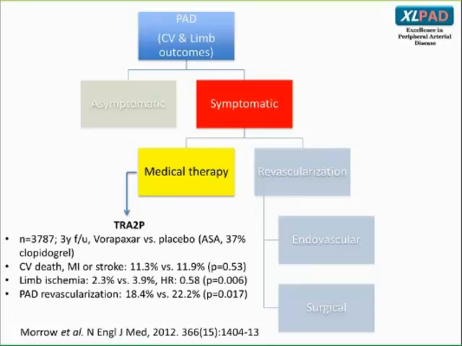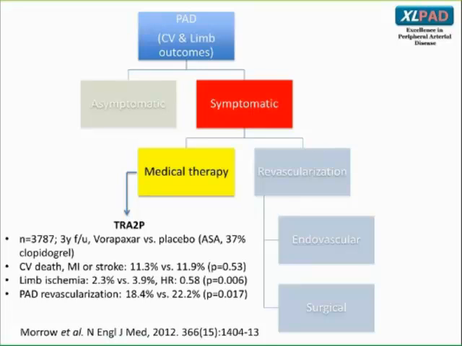As you can see, Vorapaxar was an add-on third agent to aspirin and clopidogrel in the active arm, and the placebo arm had only aspirin and clopidogrel. So the significance of this study is that this was an additional PAR1 receptor antagonist added on to aspirin plus clopidogrel, and compared to dual therapy alone.